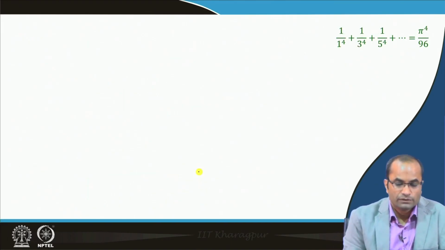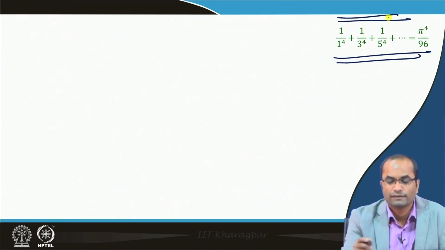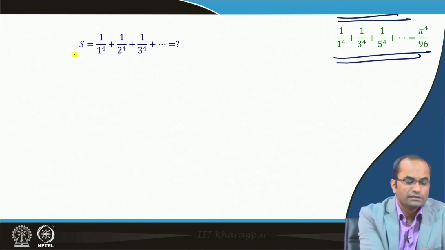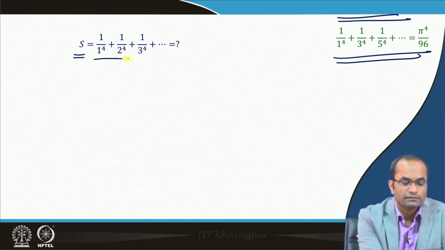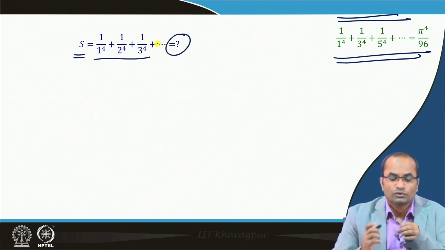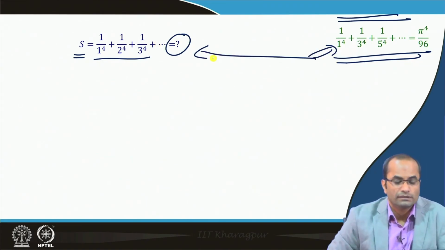So, this is what we have now as the direct result from Parseval's identity. But in the question it is asked what S is: 1 over 1 to the 4, plus 2 to the 4, plus 3 to the 4, etc. The question is what is the sum of this series. So, with the help of this we now have to get the desired series.